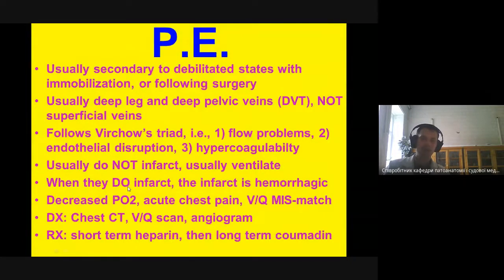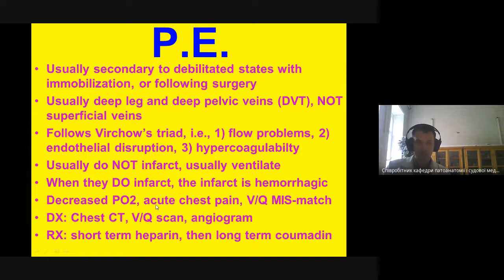So when they do infarct, the infarct is hemorrhagic. Why hemorrhagic? Because one part of the circulatory system is blocked, the pulmonary artery branches, but another one, the bronchial arteries, is still functioning. It can provide blood to the dead tissue.